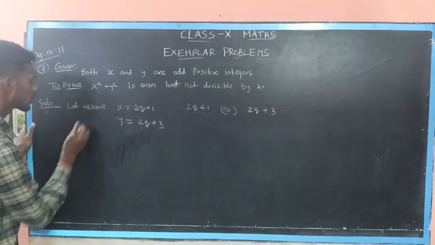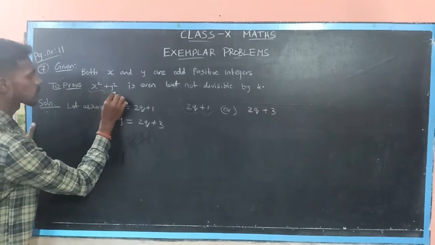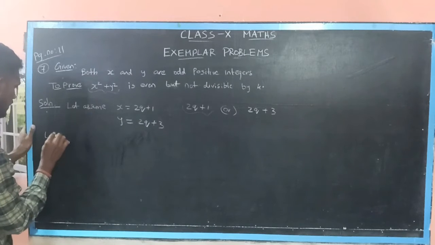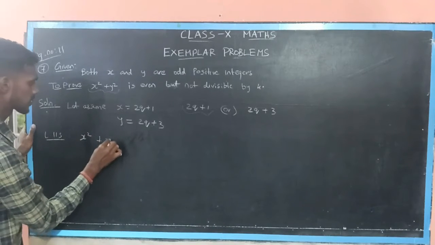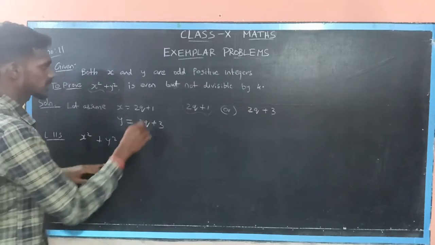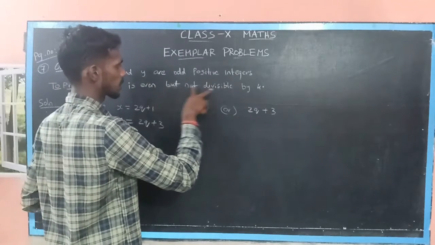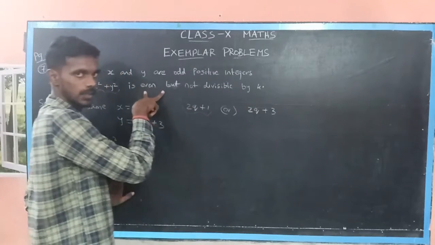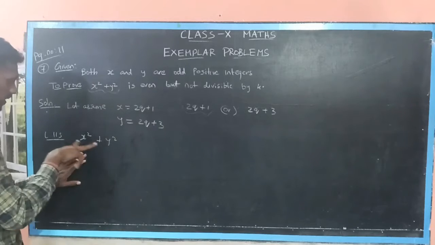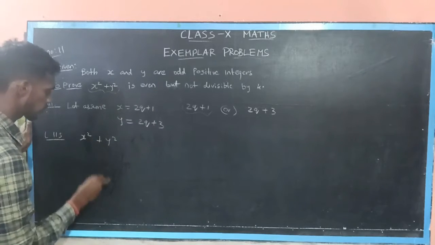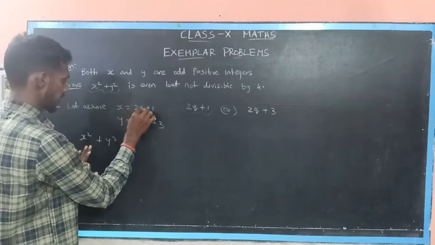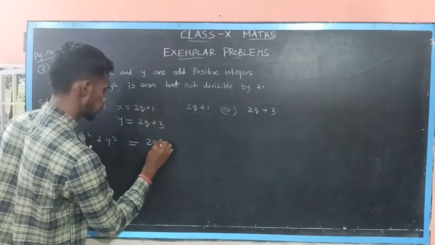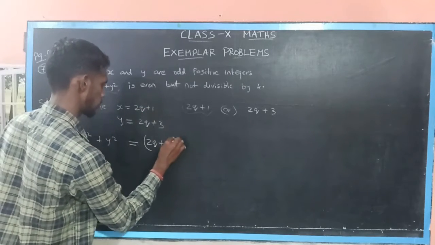Okay. So here for x square plus y square, I have to take the LHS, which is x square plus y square. The RHS is that it is not divisible by 4 and it is divisible by 2. From the LHS we can start with x square plus y square. Substituting the value of x, it is (2q plus 1) the whole square.